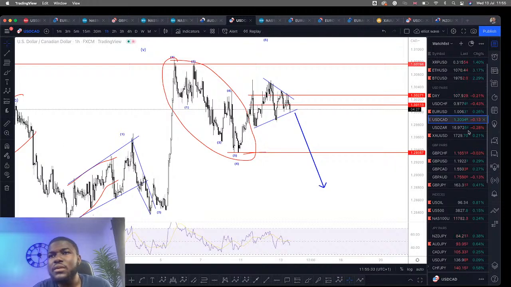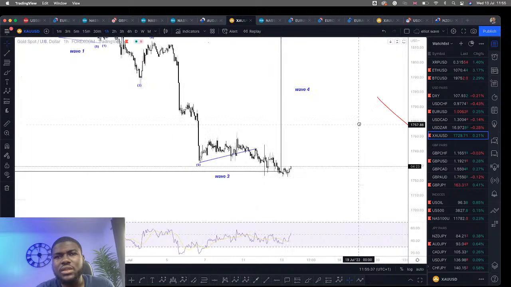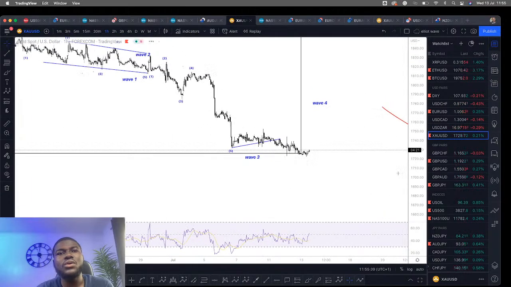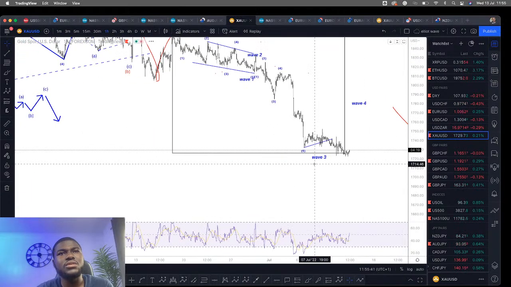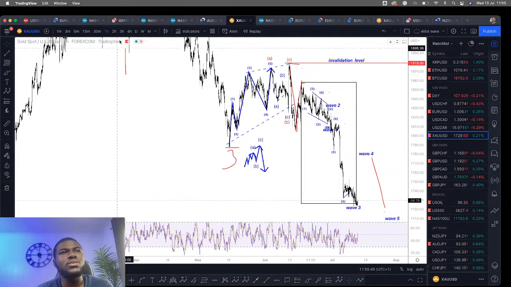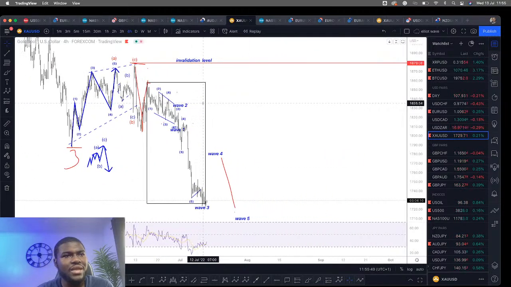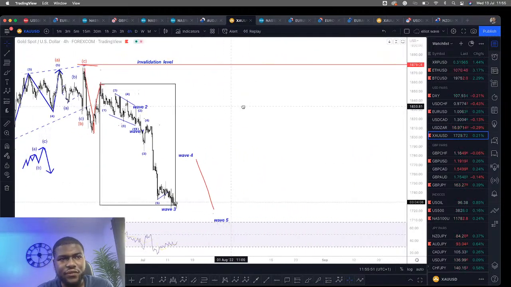So now let me check gold, guys. Let's look at gold. Let's see, is gold ready for the push up, or is gold still going to sell? What I will do to analyze this perfectly is quickly go back to the 4-hour time frame, so we can see where we are coming from originally.